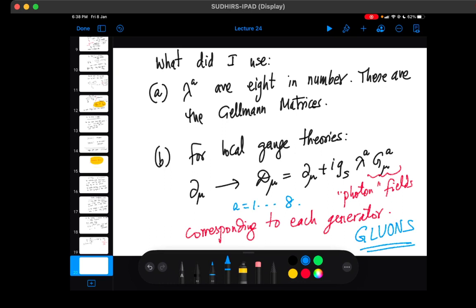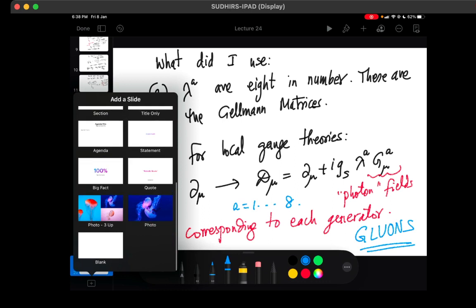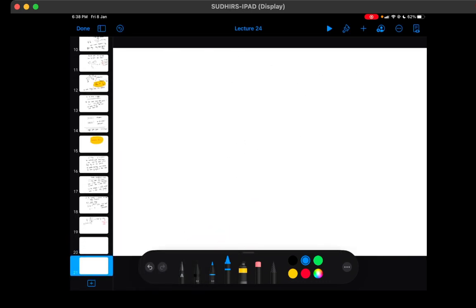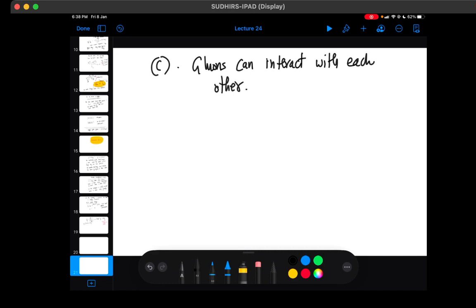Now there is another point we have to remember in non-abelian gauge theories: the gluons can interact with each other. How do I get this information?